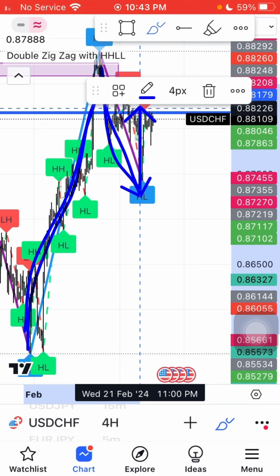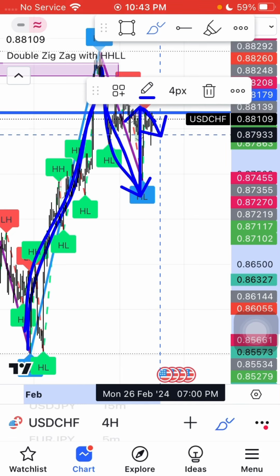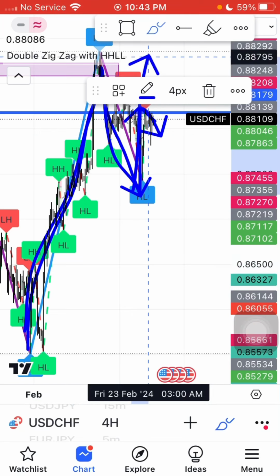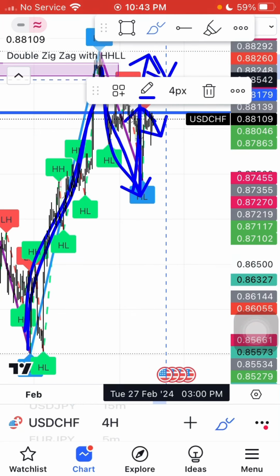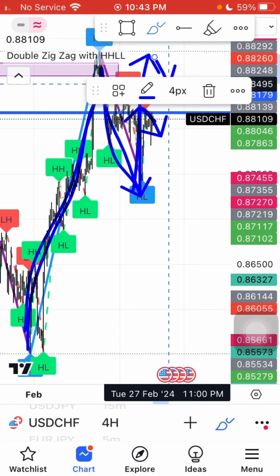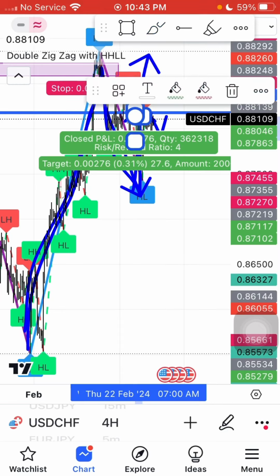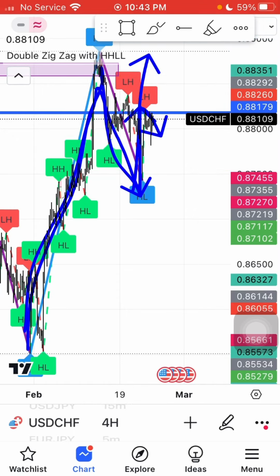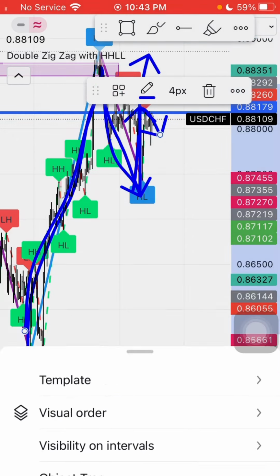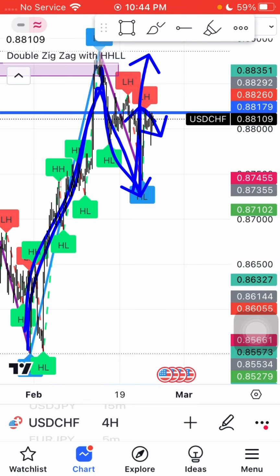Once price pulls back a little, and then gives us another higher high and a higher low, that is when we'll be buying this particular market, guys. That's when we'll be buying this market.